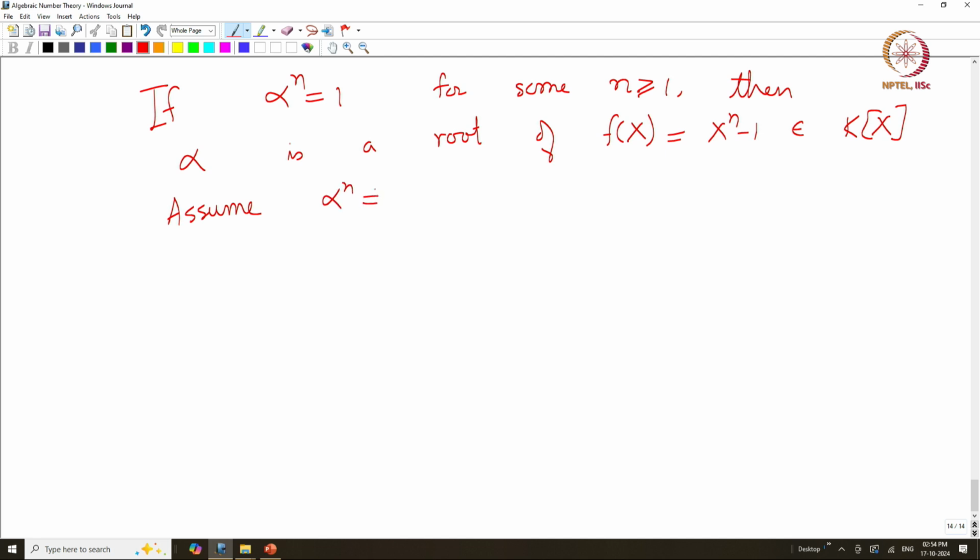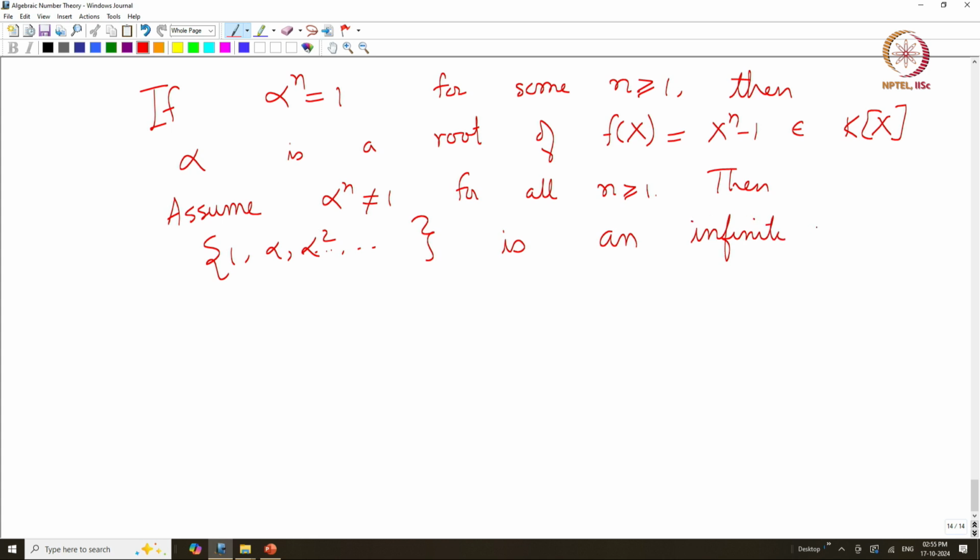Alpha to the n is not equal to 1 for all n bigger than or equal to 1, then 1, alpha, alpha squared, etc. is an infinite set, but L over K is finite dimensional.